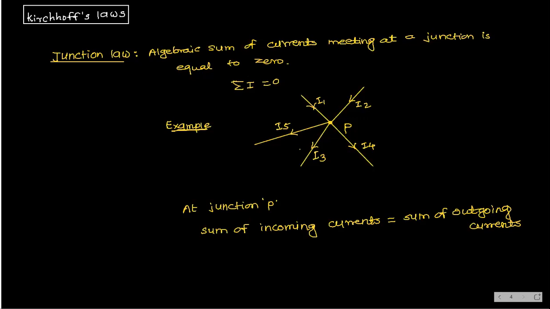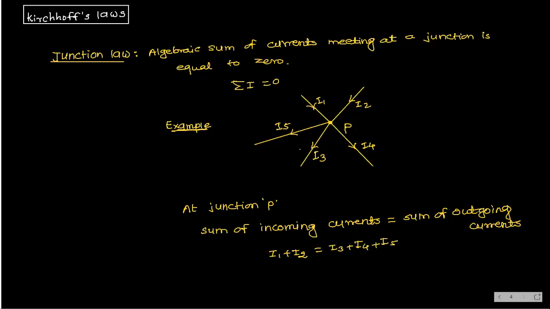Sum of incoming currents is equal to sum of outgoing currents. Now what current is coming towards the junction? I1 and I2. So therefore I1 plus I2 should be equal to I3 plus I4 plus I5.